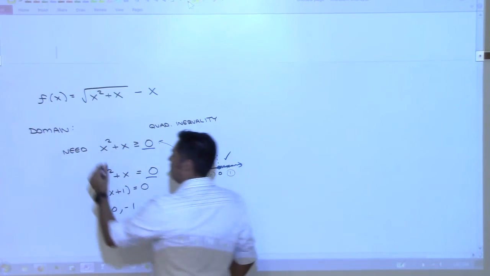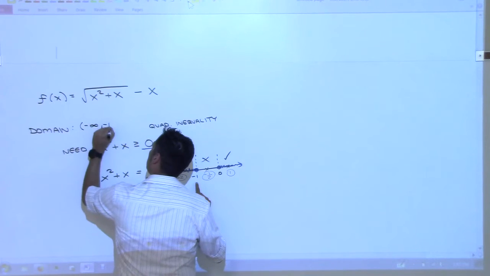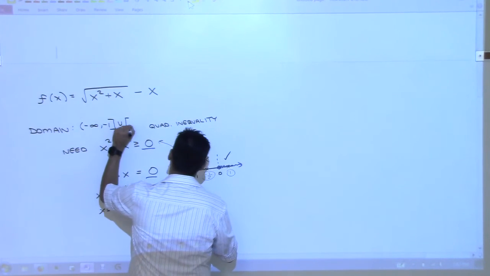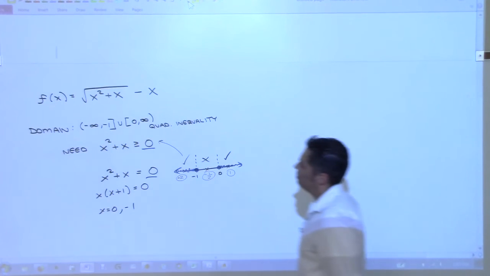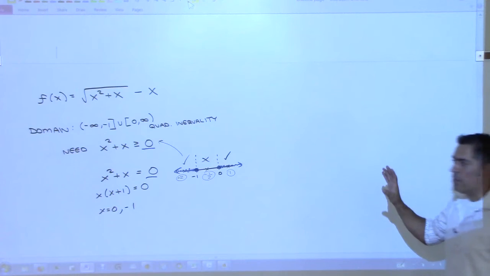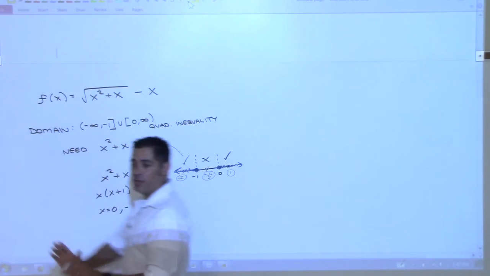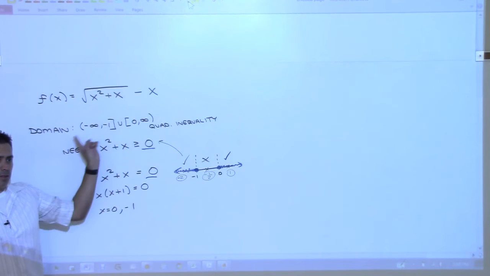So my domain is -∞ to -1 bracket union 0 to infinity. Close. So we need to keep that in mind because when we're looking at where this function is going up and down, we're only allowed to look at these two places.